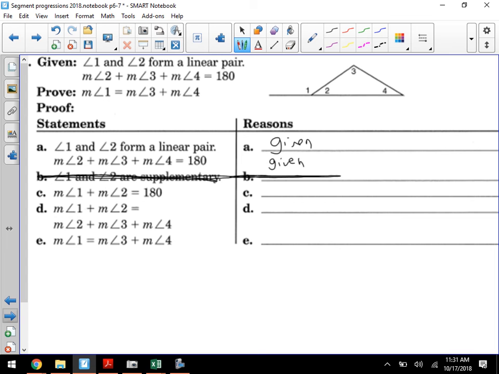One of the things that some of the older textbooks had us do. Anyway, so one of the things that we used to do when we really beat the proofs over your guys' heads was when you had linear pair.